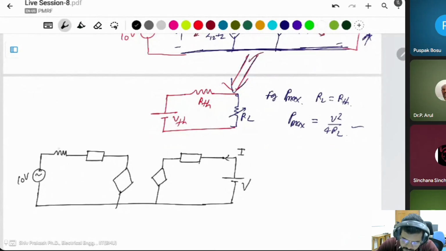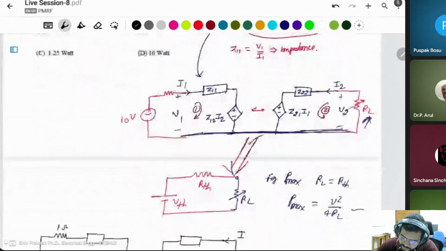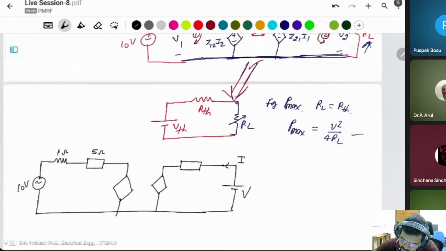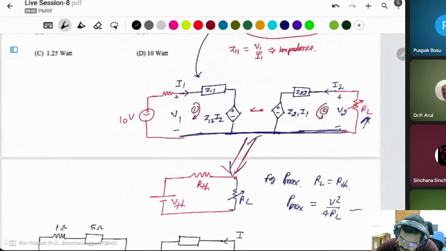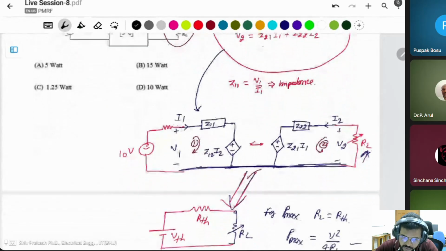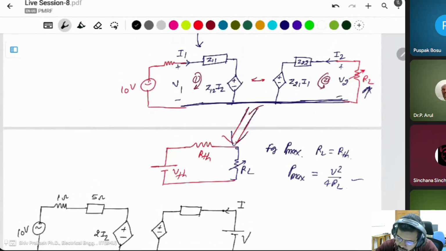This is 10 volt, 1 ohm. Z11 is given as 5 in this question, 5 ohm. This is Z12 I2. Z12 is 2, it means this is the 2 I2, and this is Z21 I1.